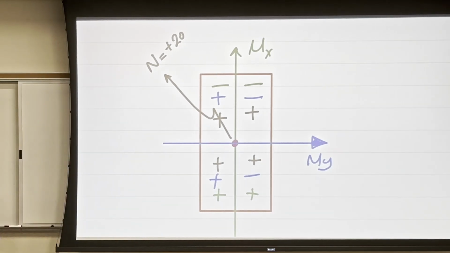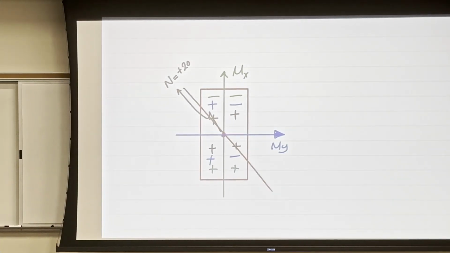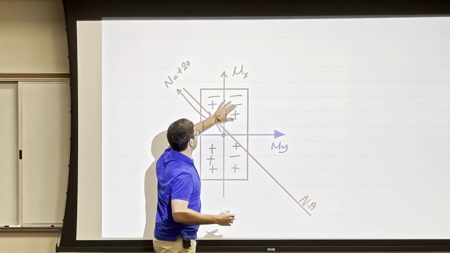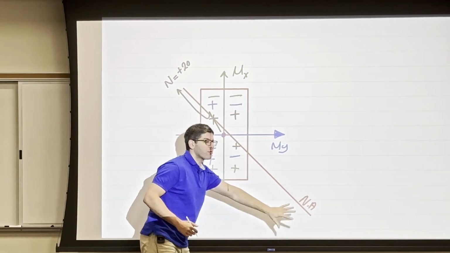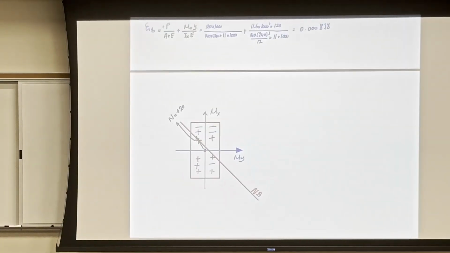So what I'm expecting is the neutral axis is going to be somewhere like this, where it's going to pass through all three quadrants. Okay? This is somewhat advanced. I just put it there to show you how this sign method will be easy for you to determine the neutral axis. Okay? That's all I have, and I'll see you next time.